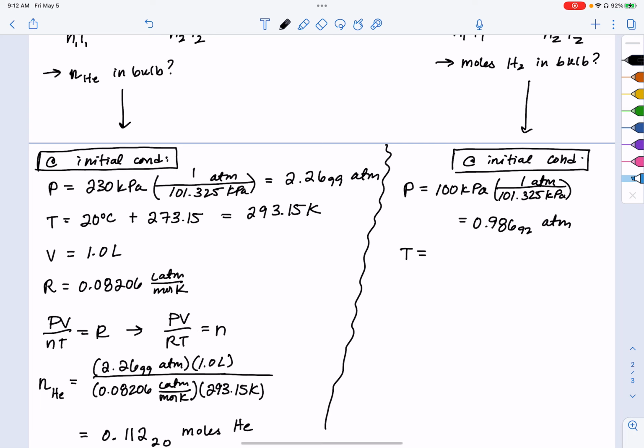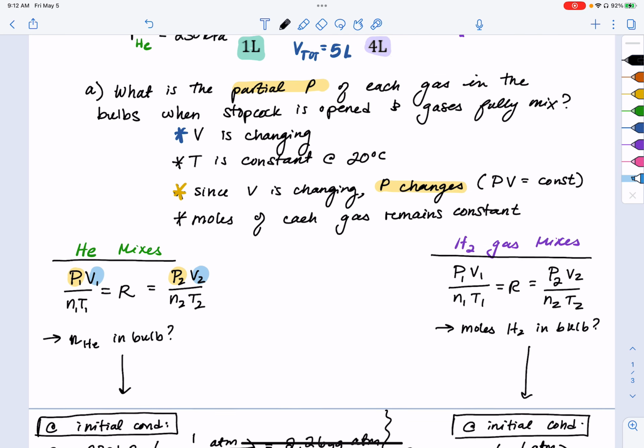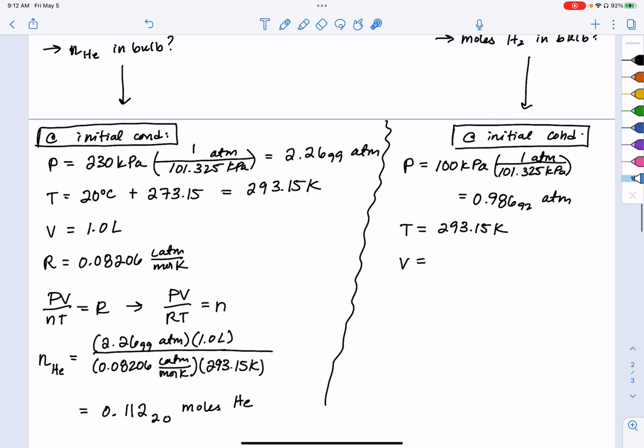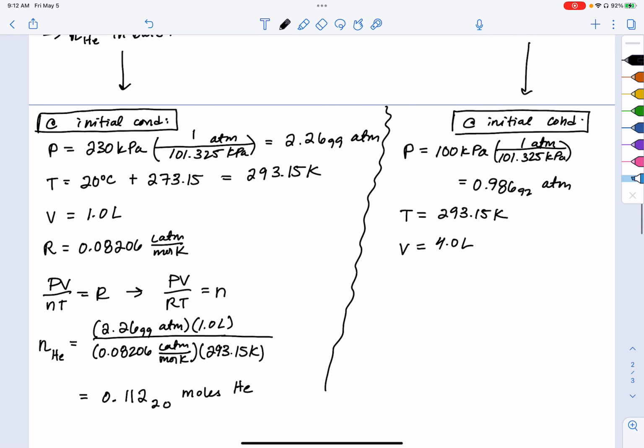Temperature is also 20 degrees, which is also 293.15 Kelvin. Volume before mixing is the volume of the bulb containing my hydrogen, so that's my 4 liters. And of course, we know R, 0.08206 liter atmospheres per mole Kelvin.